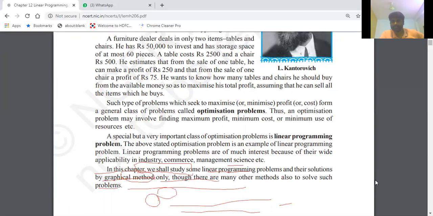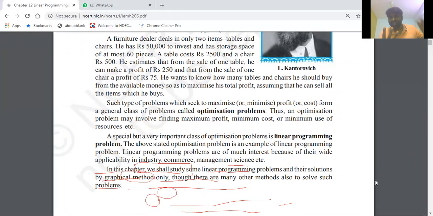Correct. Here we are going to formulate the problem first. After that, we are going to draw the graph. After that, we are going to find the solution. Three things we have to remember. We have to formulate the inequations, not equations, sorry, inequations, in this linear programming problem from the given data.